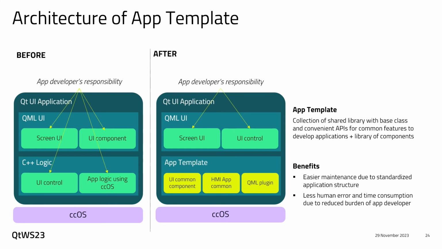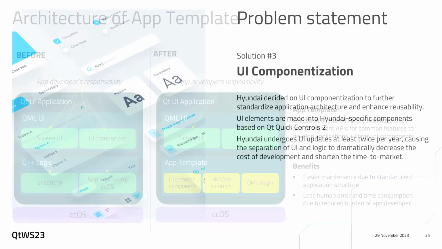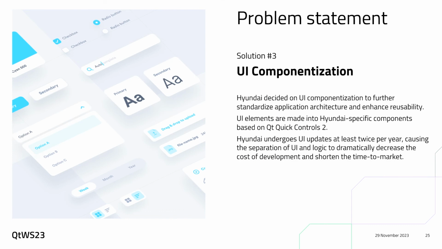Like it says here, this made it easier to maintain and standardize the application structure. There was also less human error because you're no longer adding in the C++ logic. You're able to just reuse the API logic and connect there.